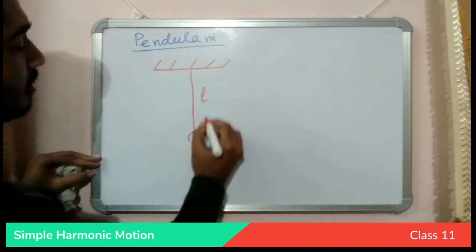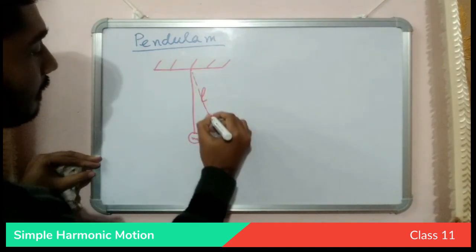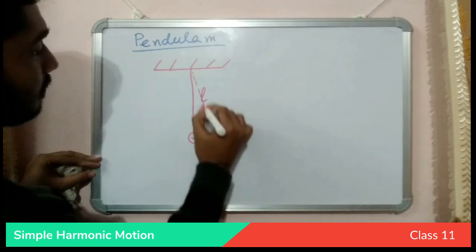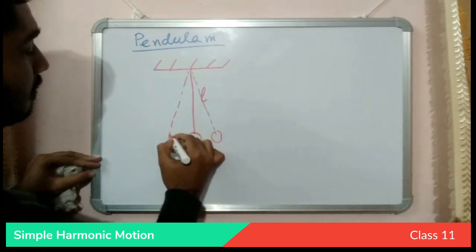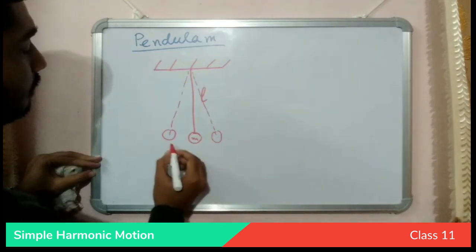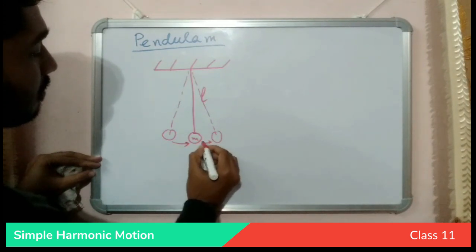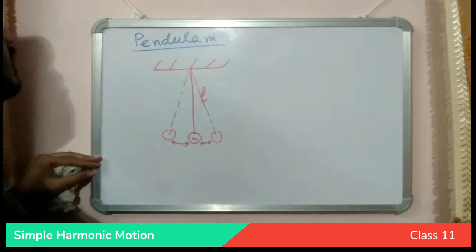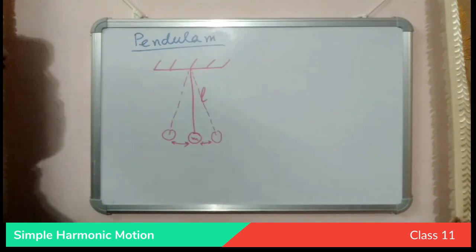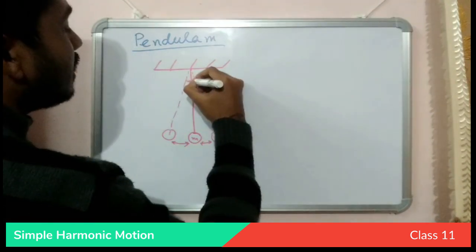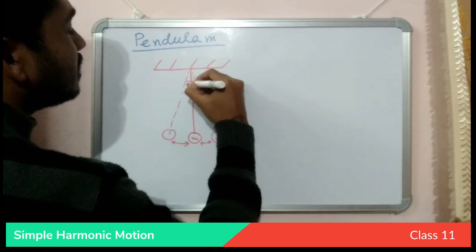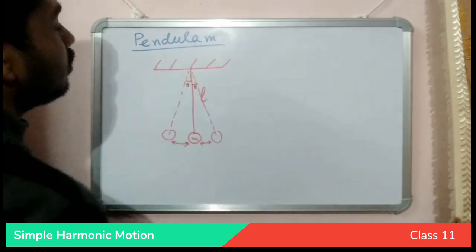this. Okay, this is a pendulum, and this angle of maximum deviation is theta, and this is equal on both sides.